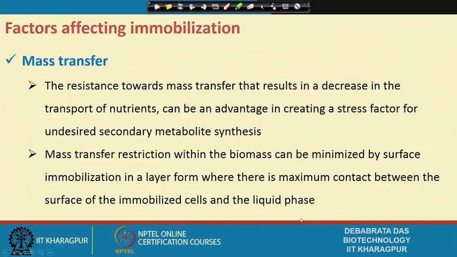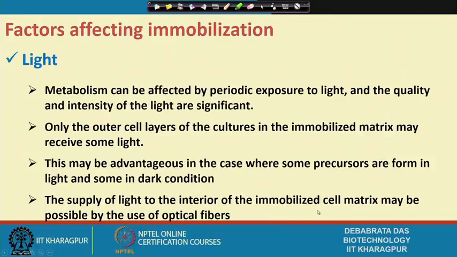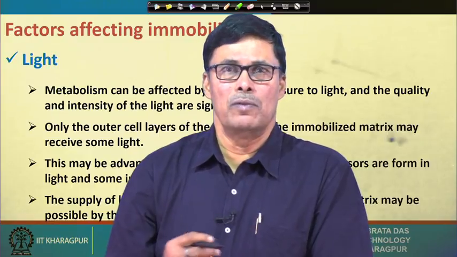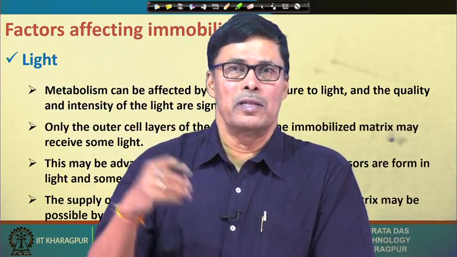Mass transfer resistance decreases nutrient transport; if it is high, nutrient transfer is reduced and the growth of the organism is reduced to a great extent. Light also plays a very typical role in immobilized whole cell systems, particularly for photosynthetic organisms, which require light.